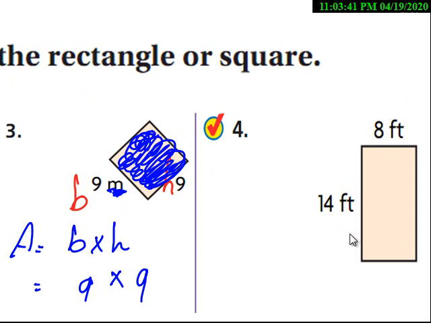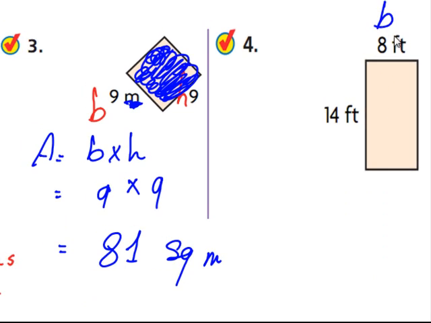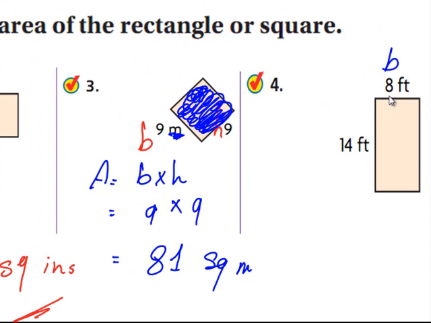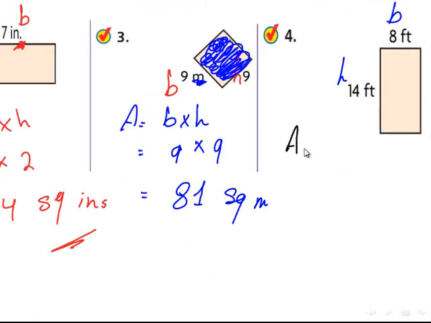Let's go to question 4. I have a new rectangle, which is its base equals 8 feet and its height equals 14 feet. Great job. Let's apply our new formula. Area equals base times height. Base 8 multiply height 14.